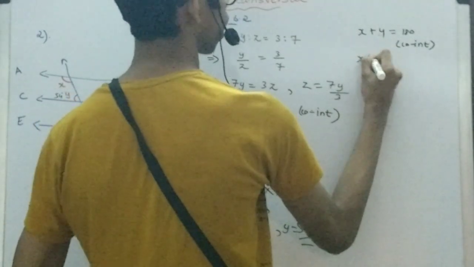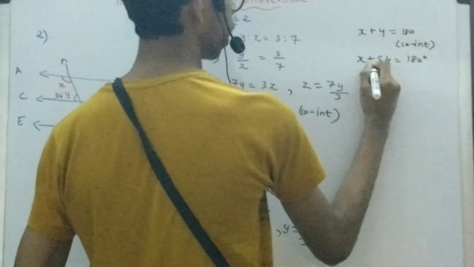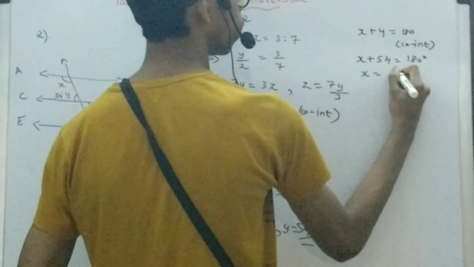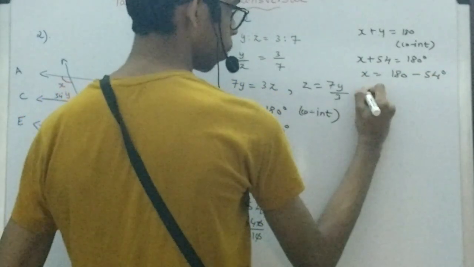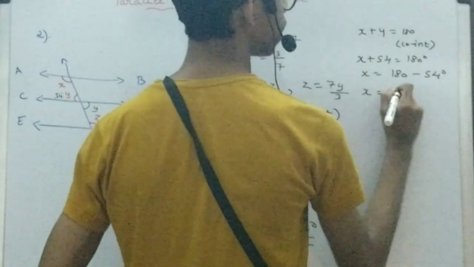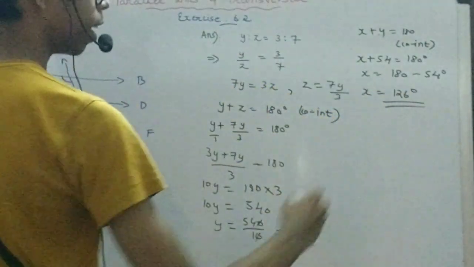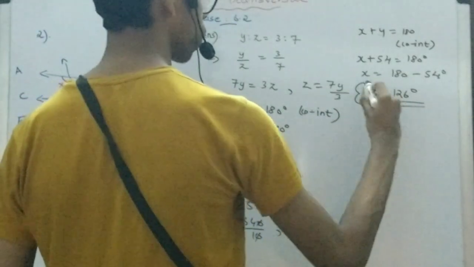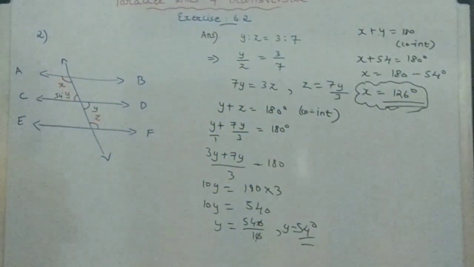So from here I can write x plus 54 is equal to 180 degrees, and x is equal to 180 minus 54. So from here we will be getting x is equal to 126 degrees. So that was what was asked in the question, to find the value of x. So we found x is equal to 126 degrees. So I hope it is clear.